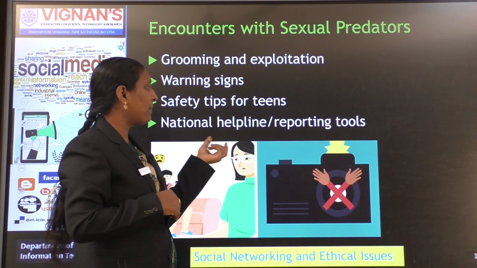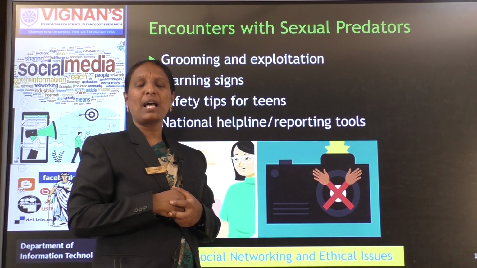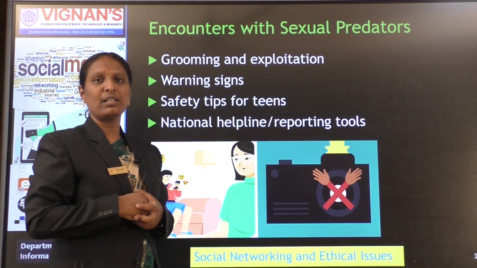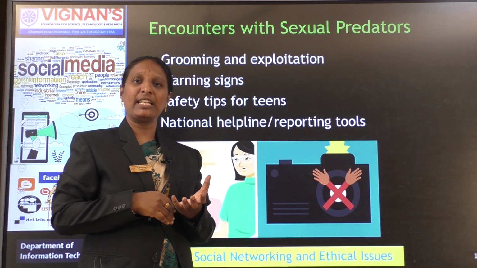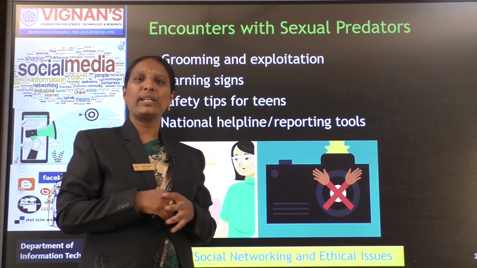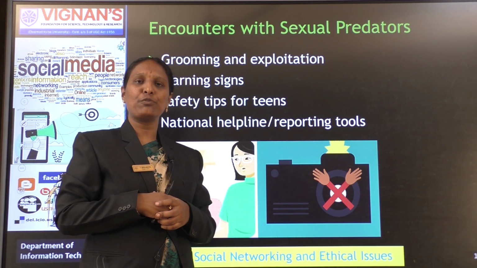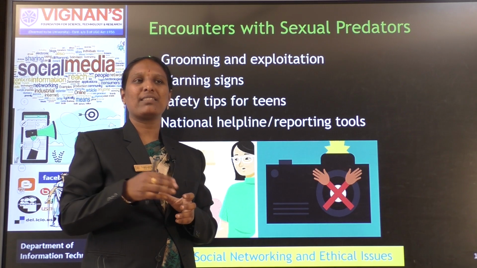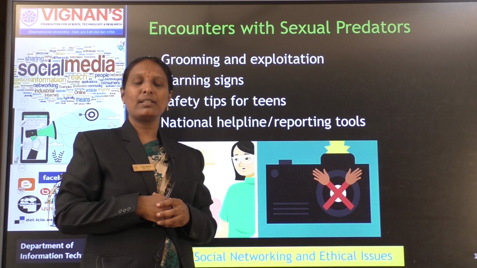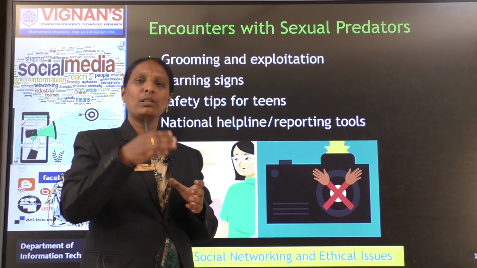Next, national helplines and reporting tools. We have some national helplines, and whenever you identify any incident in the surroundings, you need to inform 1098, or 100 for police, for child exploitation and women's issues. These are all the contacts.